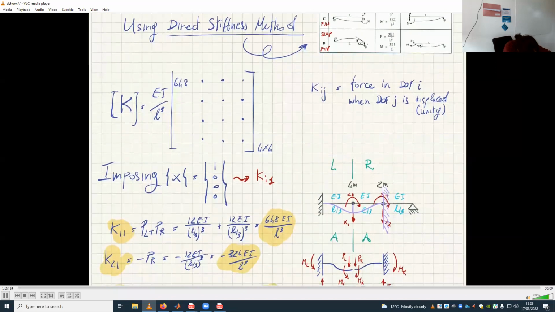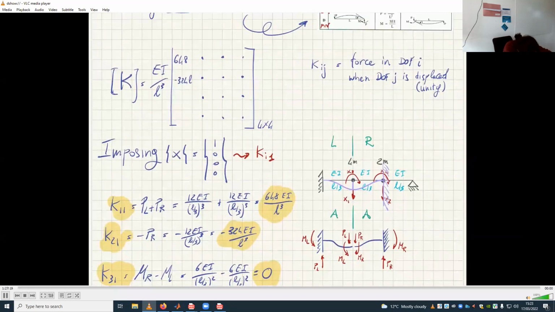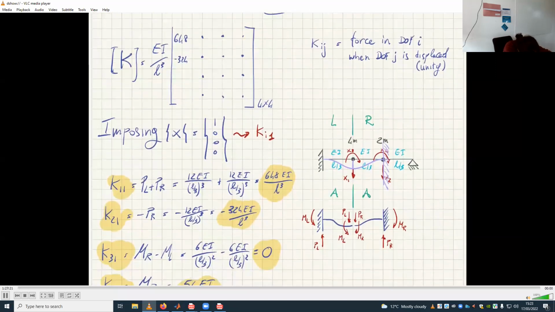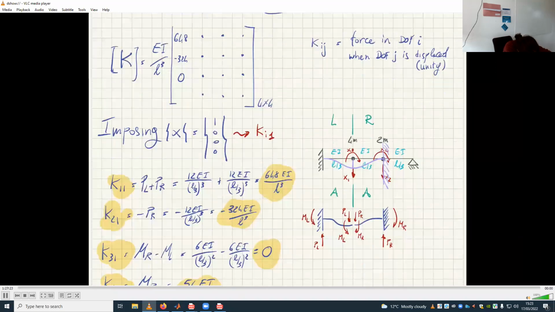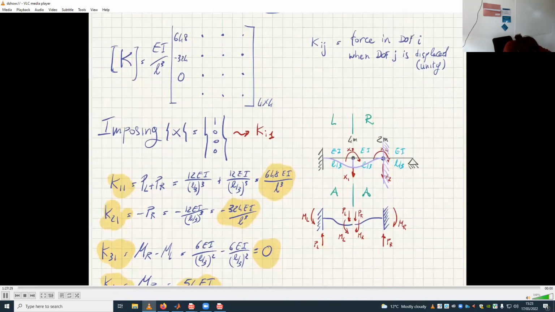This is minus 324 L. No, this is minus 324. This is 0. And this is 54 L. Okay? Does it make sense? Good.